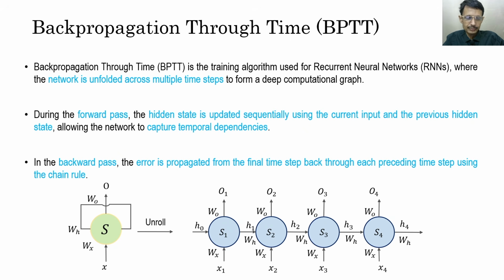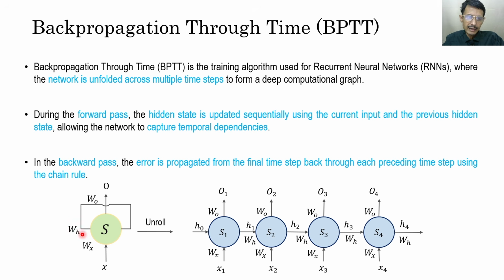In today's lecture, we are going to discuss the training algorithm of simple RNN or recurrent neural network. As we have seen, the recurrent neural network has this formation: there is input x at a particular time instance, and a weight matrix Wx is associated with the input.